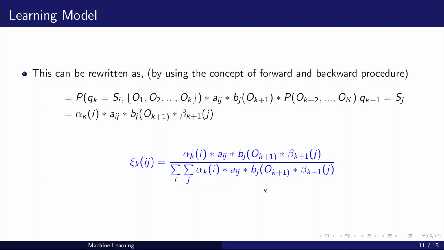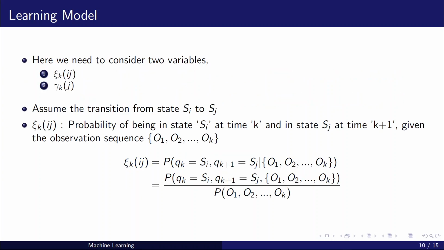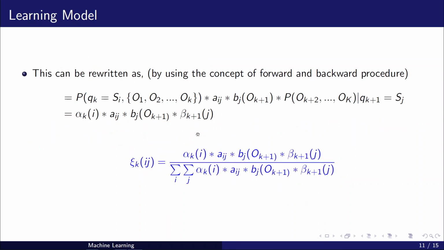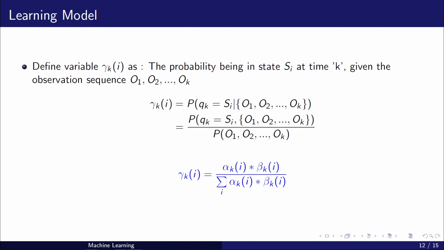That is psi k ij, the probability of being in state si at time k and in state sj at time k plus 1 given the observation sequence O1, O2, etc. That is this probability divided by the entire state probability.